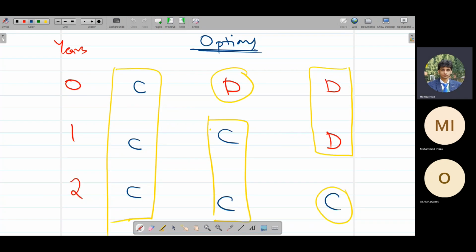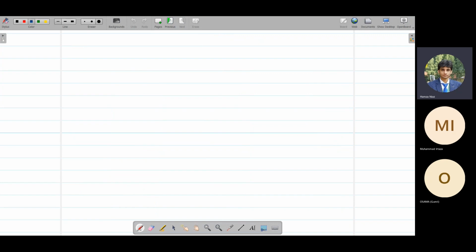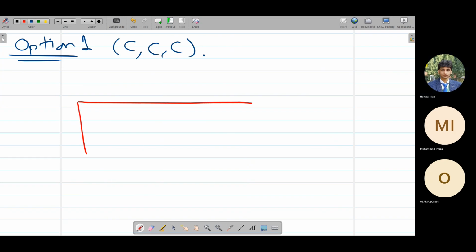So if that is clear, for example, if we are going for option one, the first option, that is challenger, challenger, and challenger. In that case, we know that it's like this: 0, 1, 2, 3.